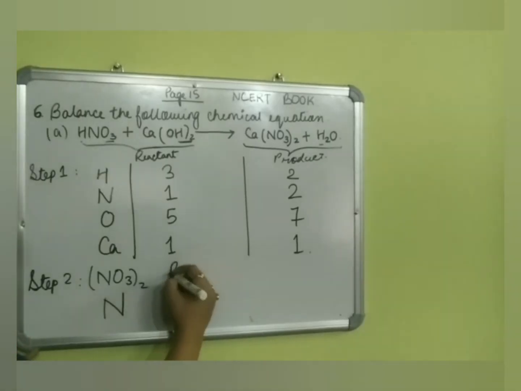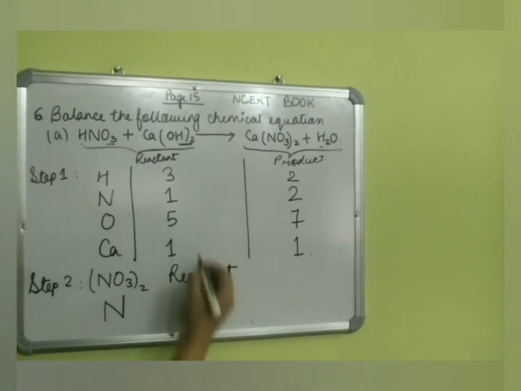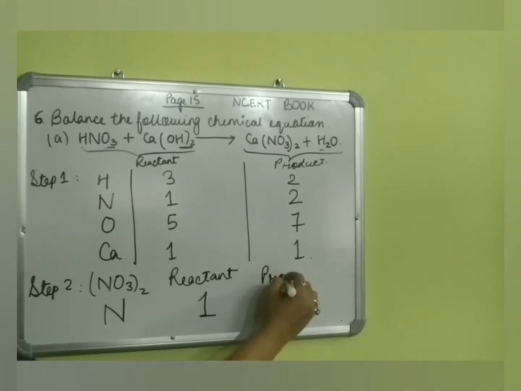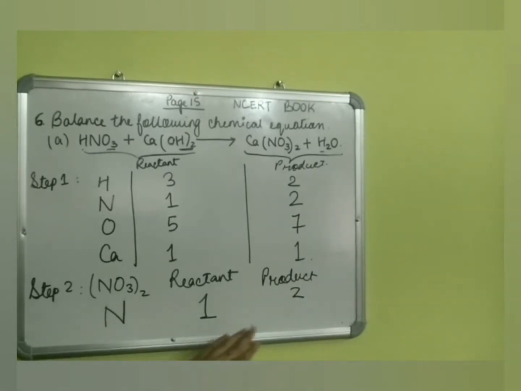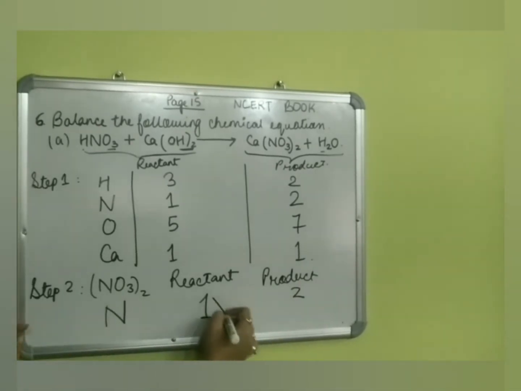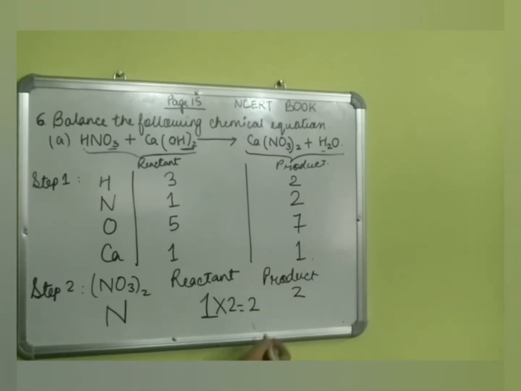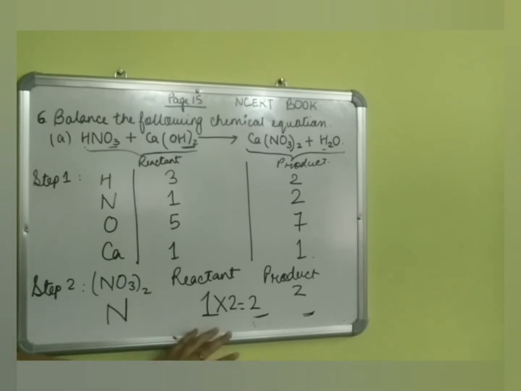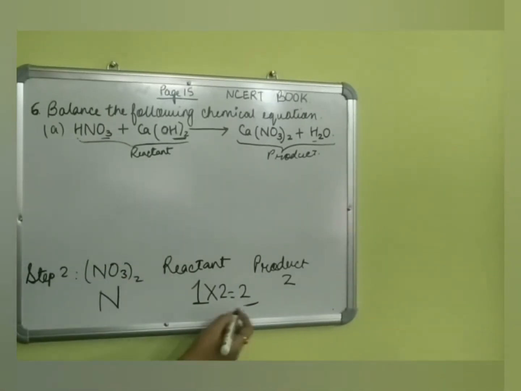I'm writing reactant, and then I'm writing 1 for nitrogen, and for product I'm writing 2. In the reactant I will multiply 1 with 2, so this 2 and this 2 will be equal, meaning the number of nitrogen in the reactant and in the product is equal.